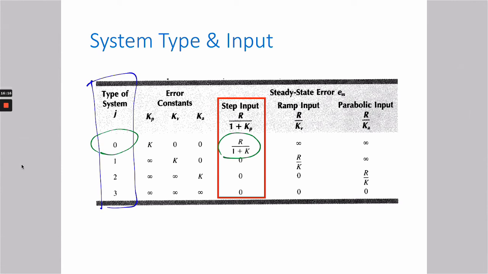If you have a higher order system, type 1, type 2, type 3, type 4, and so on, the steady state error of the system, that is the steady state response of the system due to the step input, is equal to 0.